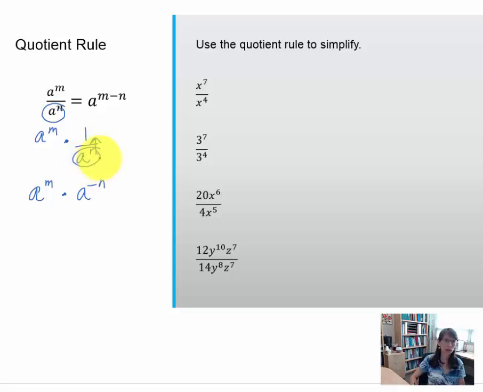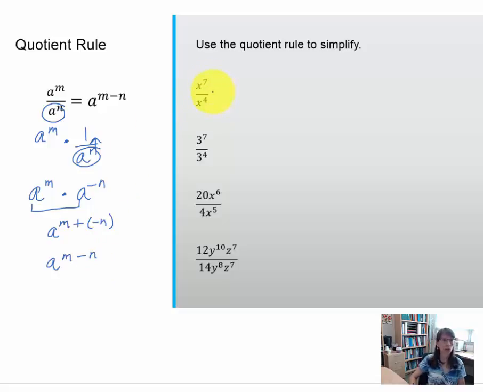So it started out originally in the denominator positive and shifted to the numerator now as a negative. So notice we have product rule. Both bases are a, so we have a to the m plus negative n. Well, m plus a negative is the same thing as m minus n.